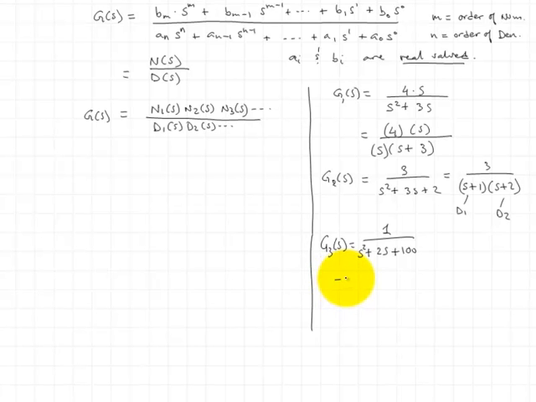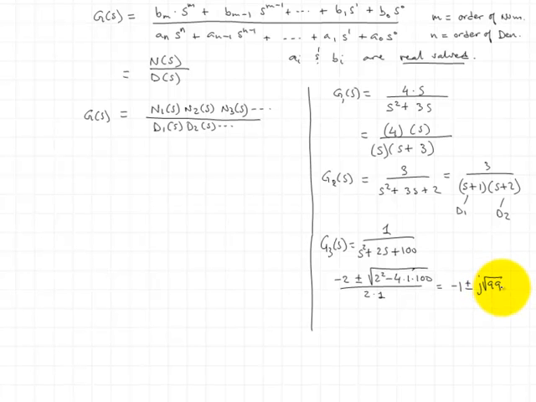That will be minus b plus or minus square root of b squared minus 4ac divided by 2a. And this will be minus 1 plus or minus, and then we'll have 1 minus 100, or minus 99, or j 99.